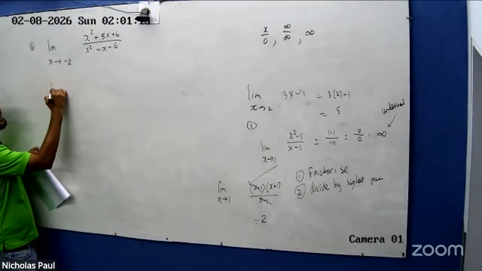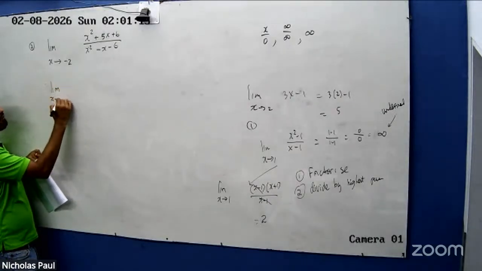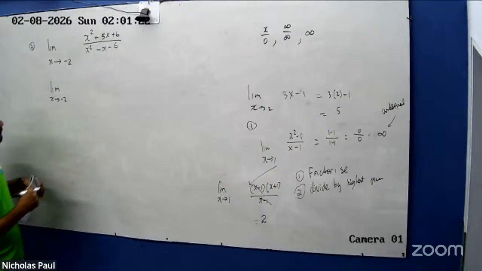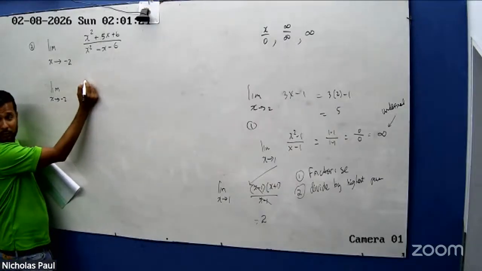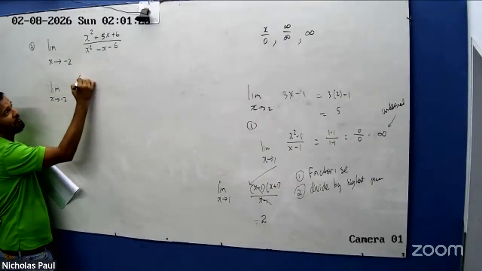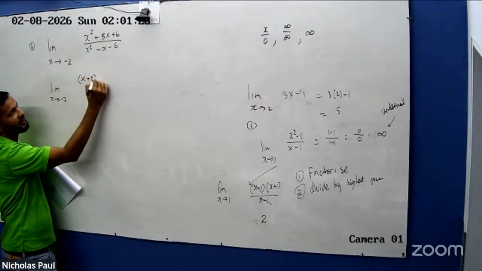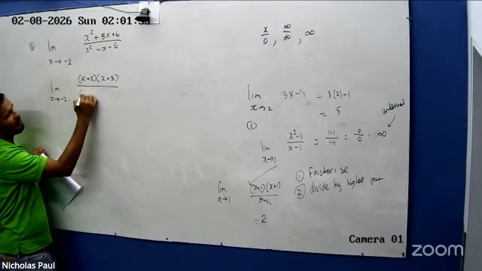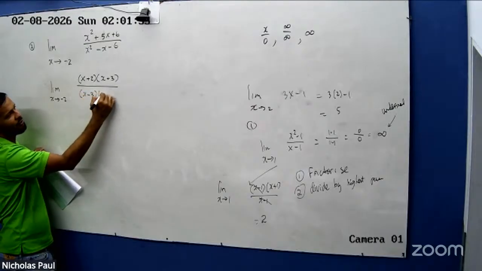Right, let's see what you got when you simplify it. And then I have to give you all the rules for limits, right? What you got here? When you factorize, what you got? X plus 3. And underneath is what? X minus 3, x plus 2.